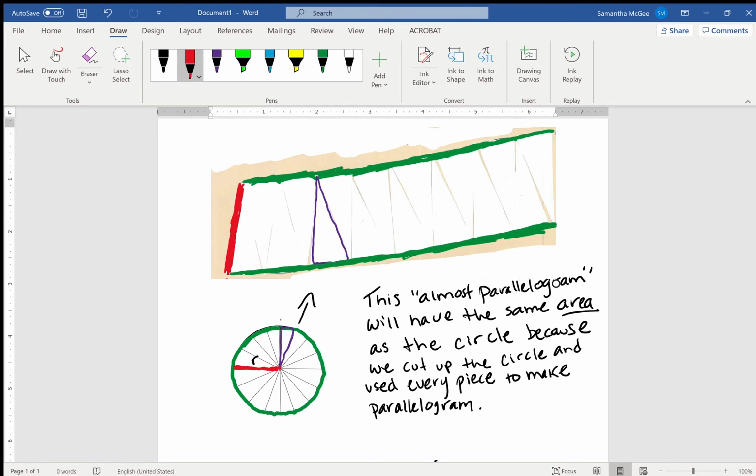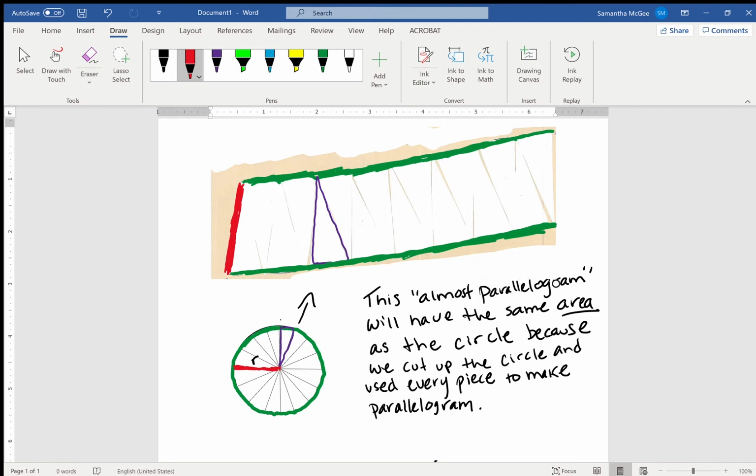Our goal here is to look at how the area of the circle is related to the radius and the diameter. We're going to start by looking at what we know about a parallelogram. Since I took this circle and cut it up into 16 equal-sized pieces, and used every single piece of that circle, we can say that this parallelogram has the same area that this circle does.